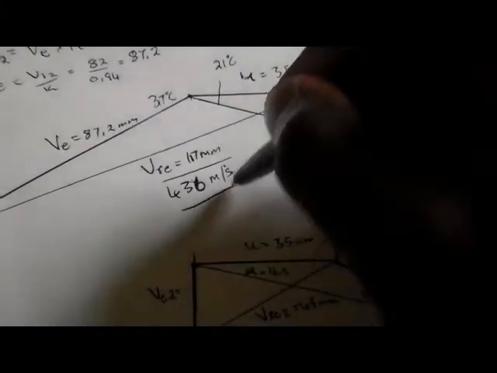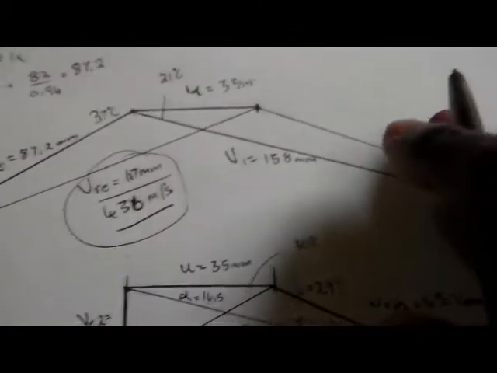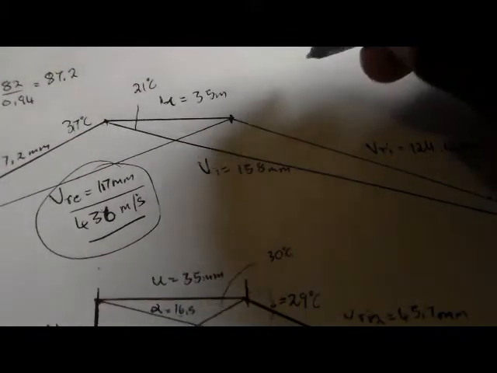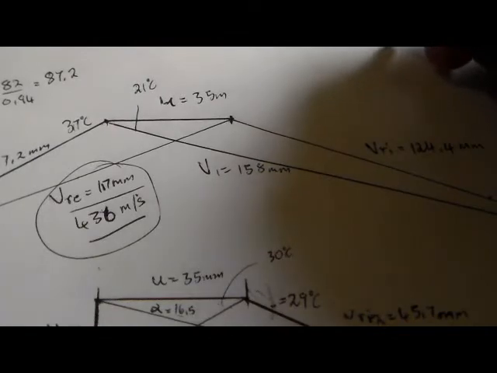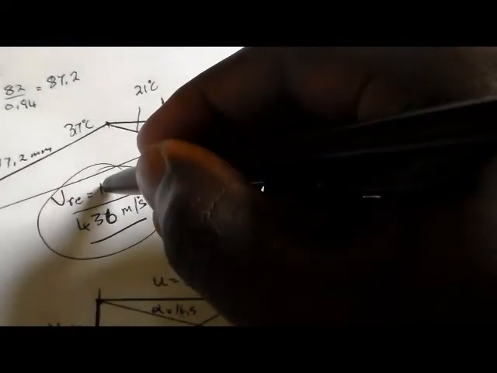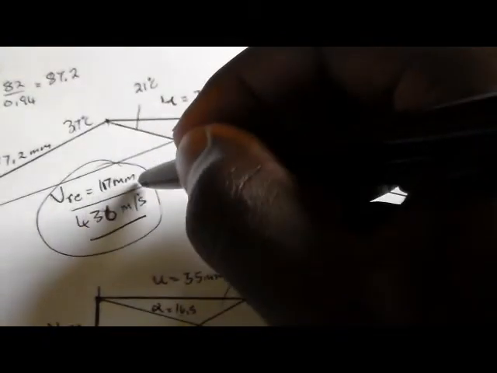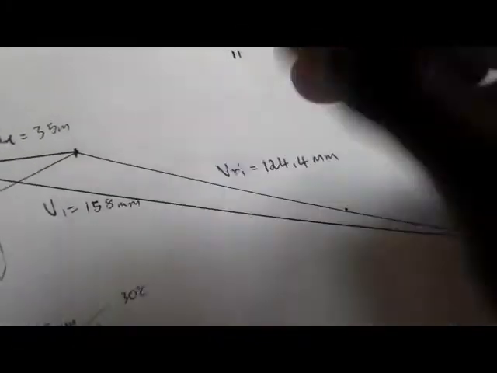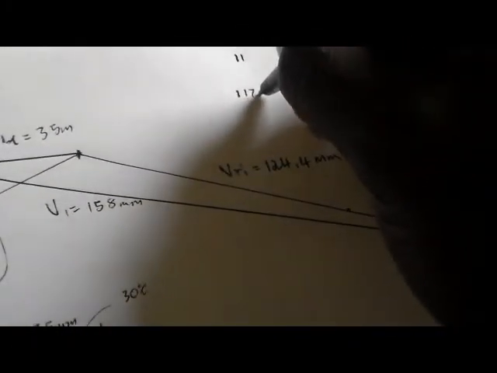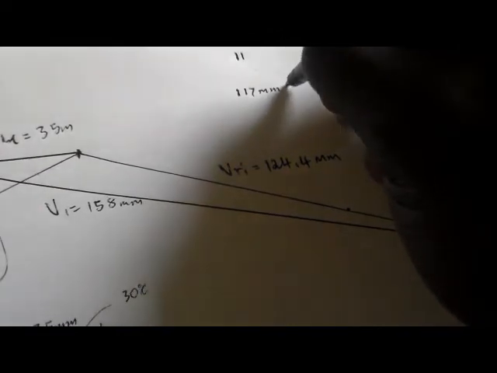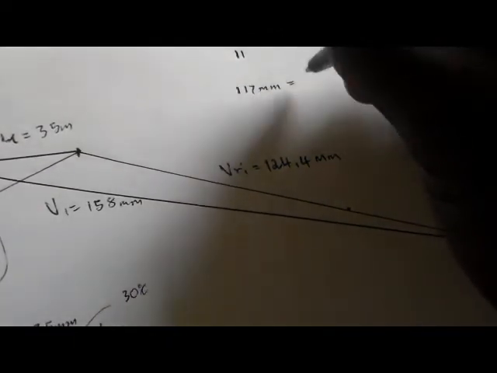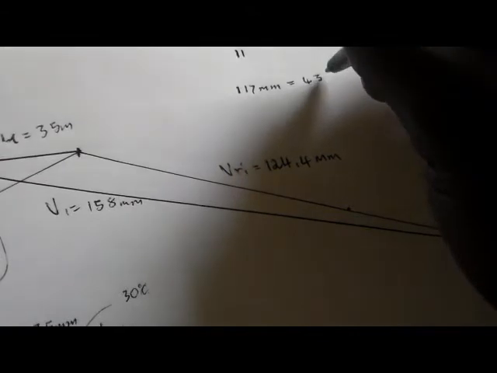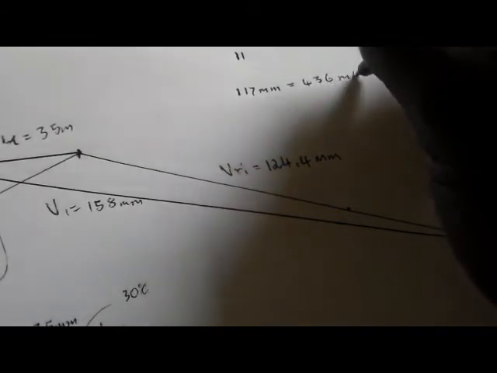So now to come up with our scale, we have to look at this one. We know that this VR is 117 millimeters. So 117 millimeters is equal to 436 meters per second.